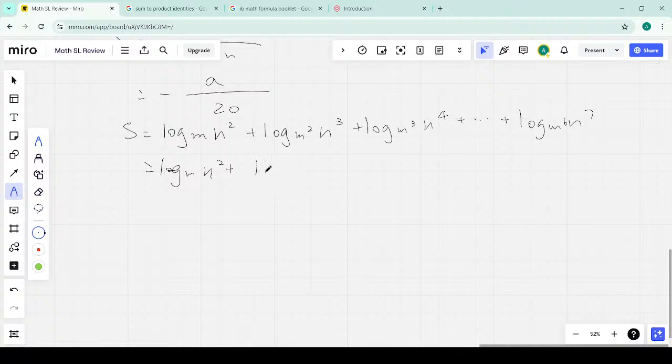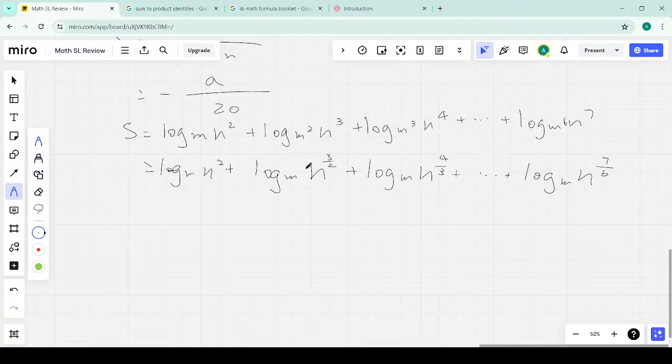So I would get log_m n of 3/2 plus log_m n of 4/3 plus all the way to log_m n of 7/6.